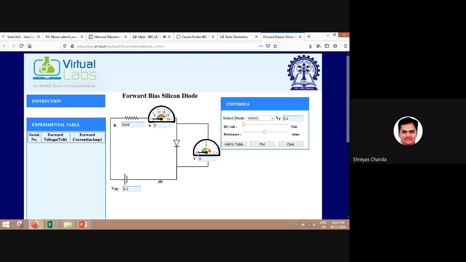Let's suppose at 0.2 volt, I didn't get any current and I didn't get any voltage across the diode. No current is flowing inside the circuit. At 0 volt, no current.